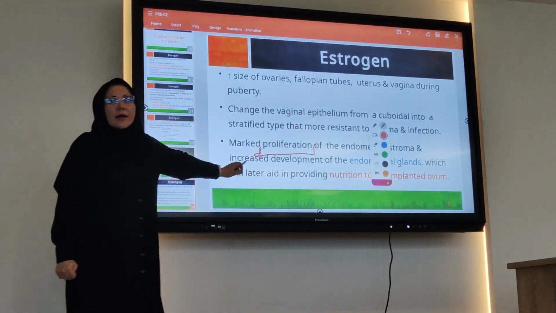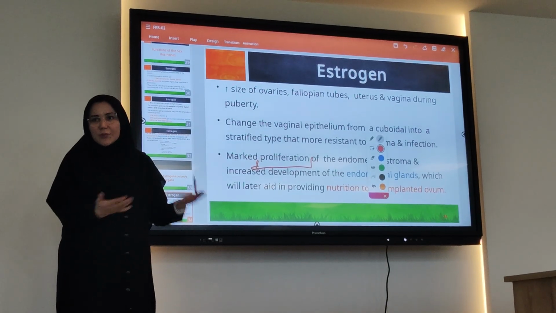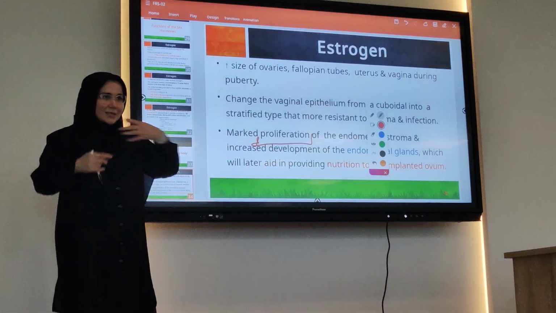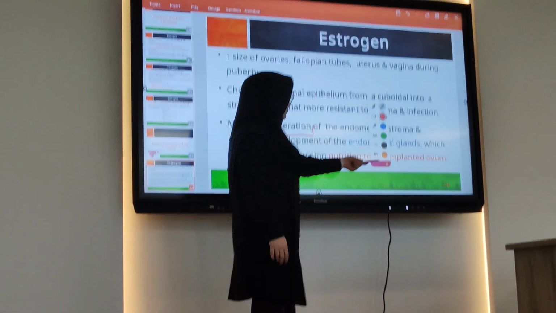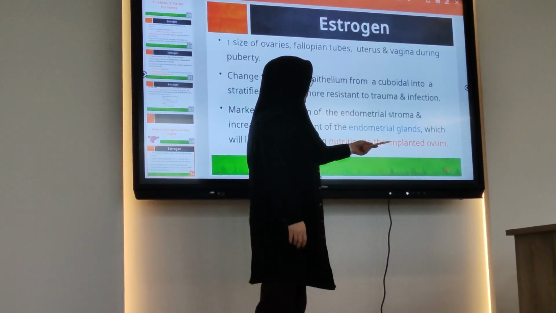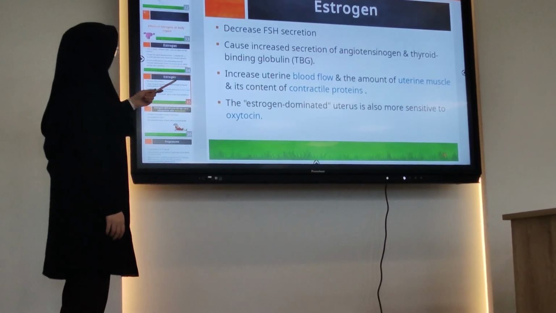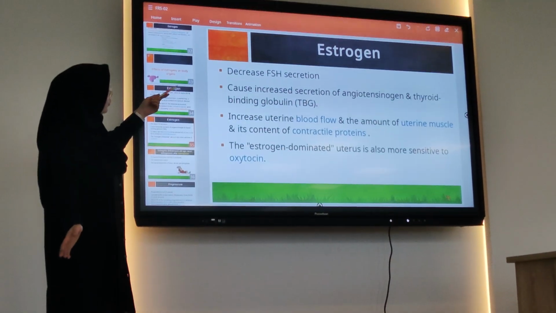That's why I told you that using estrogen as a contraceptive, the chance of cancer may increase in the body because it's a proliferative hormone. Estrogen decreases FSH secretion, as you know.